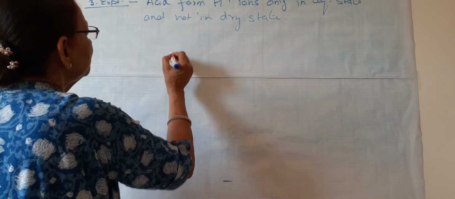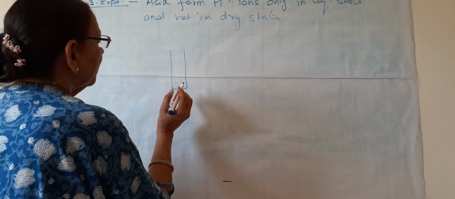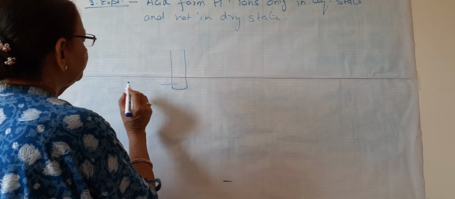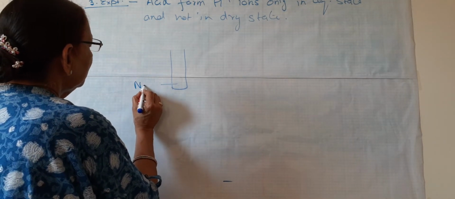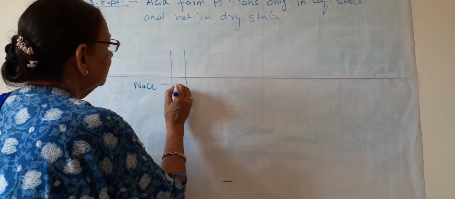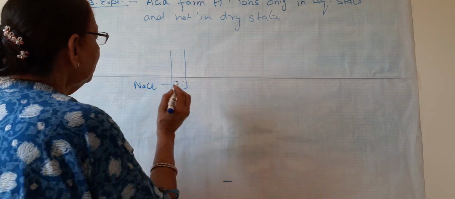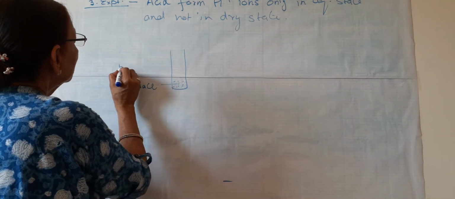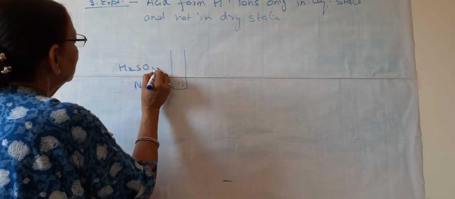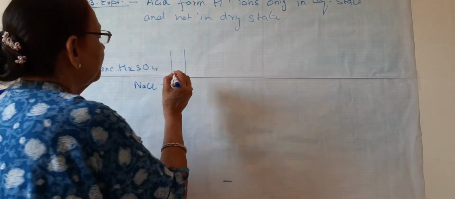What is the experiment? In a test tube, first we take NaCl. Dry sodium chloride, salt, is taken, and we pour concentrated H2SO4 in this test tube.